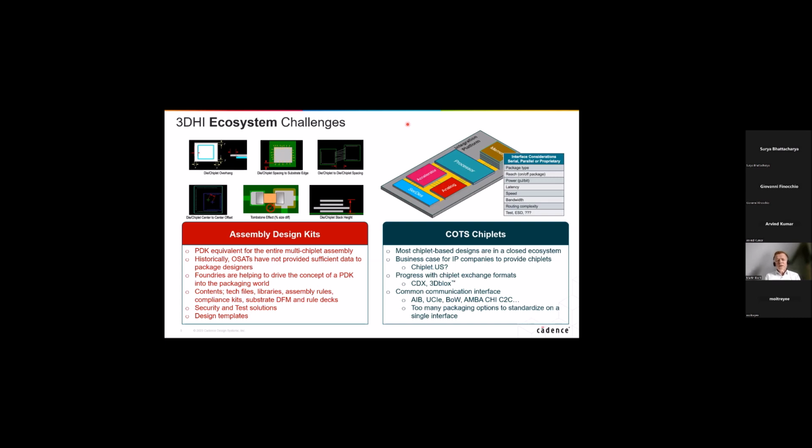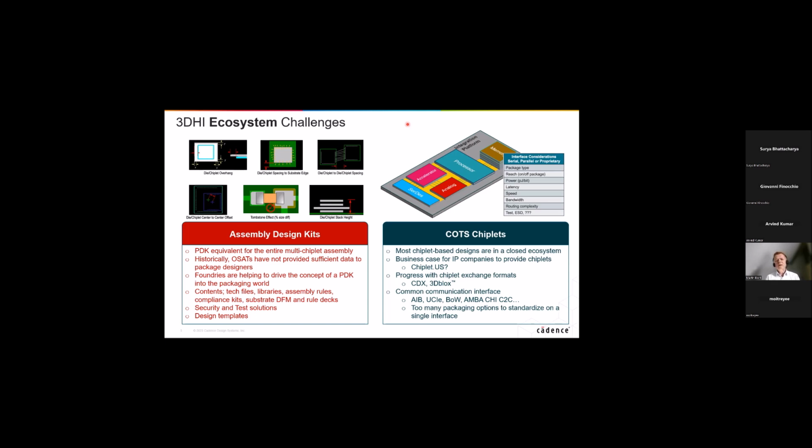So the challenge we see in the chiplets and advanced packaging ecosystem is that, different to IC development, where you select a foundry and a node and you get a process design kit, this ecosystem is not yet there in this market. So it's really challenging for customers to create a kind of assembly design kit, a kind of PDK.